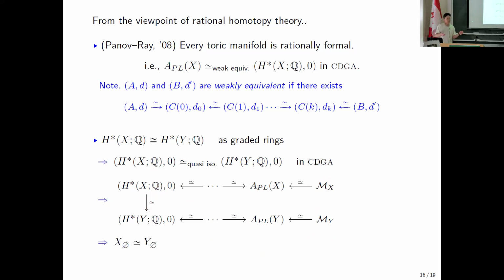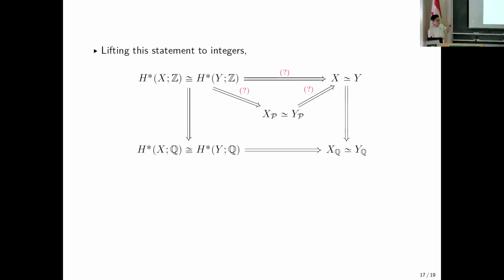But if we don't want a rational homotopy classification, and we want to do classification up to honest homotopy equivalence, right? That's what we want to do. So we may be able to refine the question. This bottom line is the rational homotopy theory, and this is true for the case of toric manifolds. We want to lift this arrow to the integers, right? We don't know whether this is true or not. This is the question.